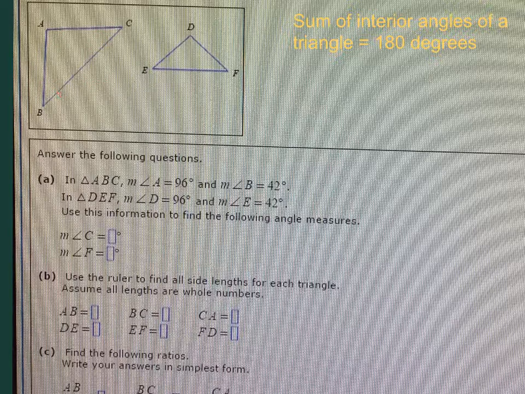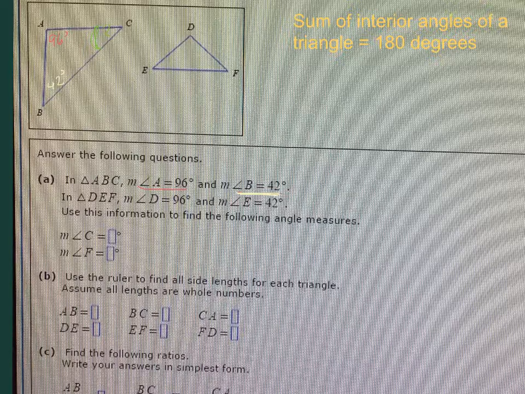Because I know that, I'm now going to look here and see that I have 96 degrees for A, so this is 96 degrees. I have 42 degrees for B. So 96 plus 42 plus some number right here should equal 180 degrees.